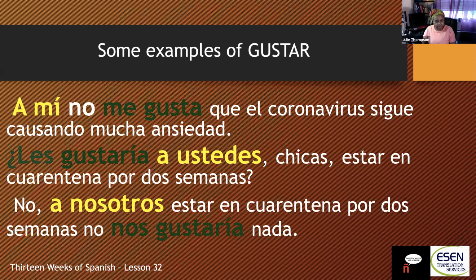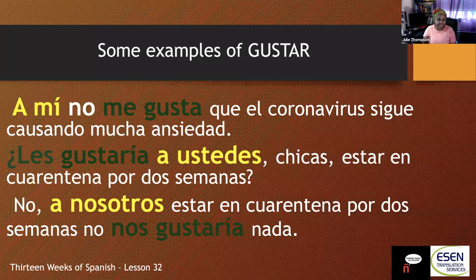Now, I haven't included this in this slide, but there is one context in which gustar will be conjugated according to who's doing the liking, and that's when we're talking about relationships.